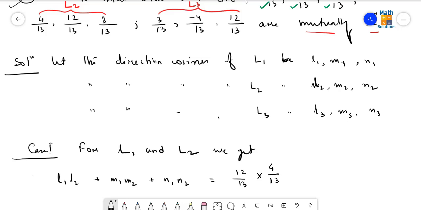This is for l1 l2, plus after this we shall be writing, I'm sorry, it should be minus 3 by 13, minus 3 by 13 into 12 by 13, plus here I get minus 4 by 13 into 3 by 13.